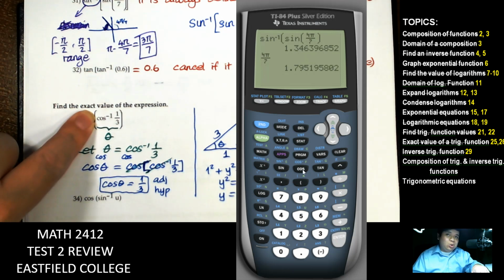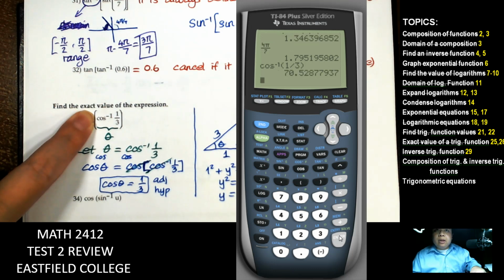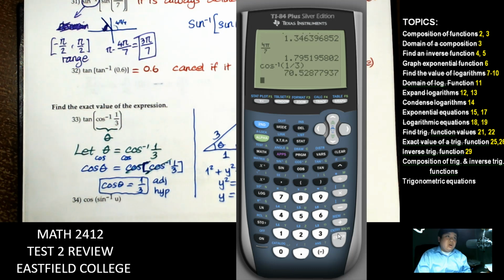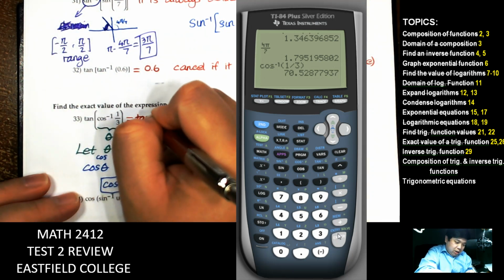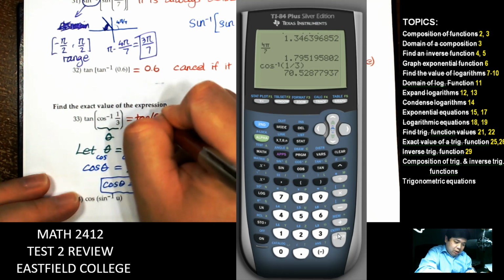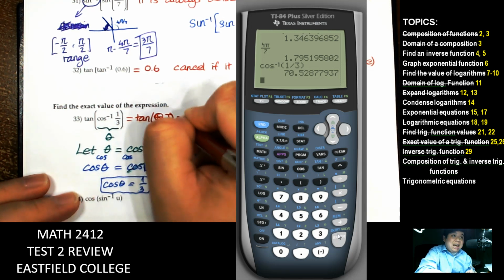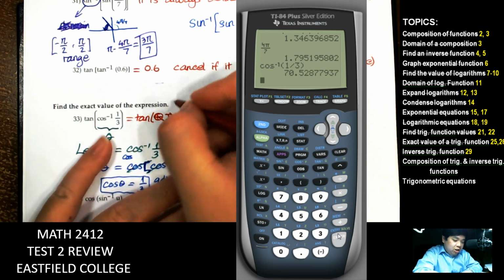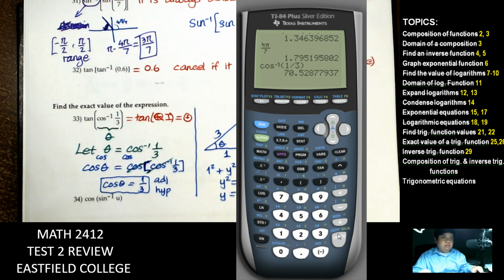It is easier to see where it is. So cosine inverse of 1 over 3 is 70 point something. So it is in quadrant 1. So we have tangent of quadrant 1. Of course, anything in quadrant 1 on the trig function is positive. So we know the end result must be positive.